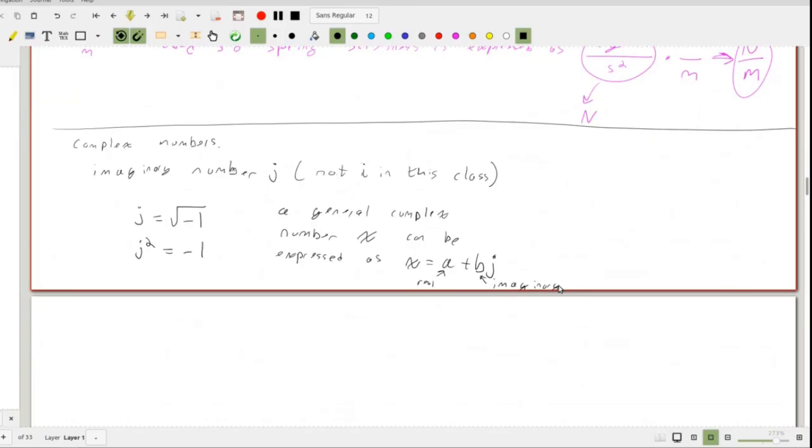We can draw this out onto the complex plane, which is what we're actually interested in here. It looks something like this.